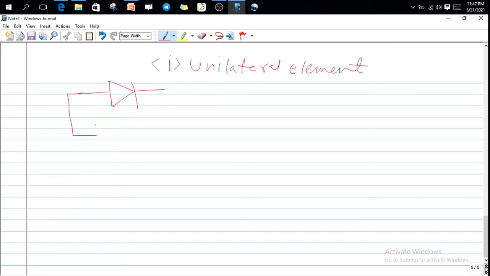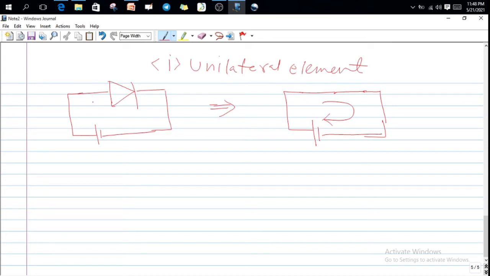You could know the diode is working in forward bias, then it will be switched on and it could work in the forward bias. When the circuit is closed, we are going to get our current values.